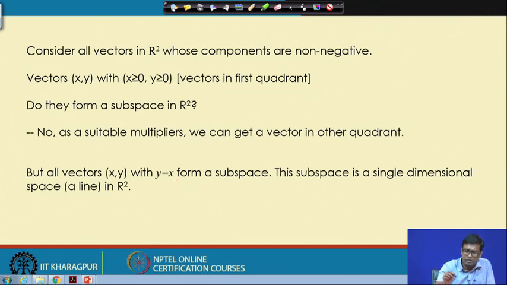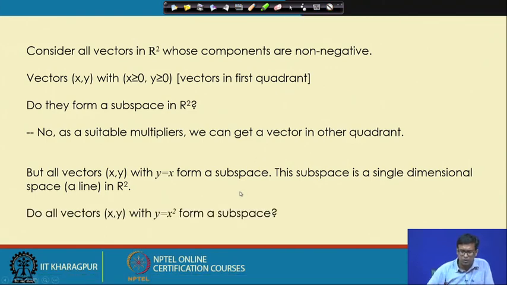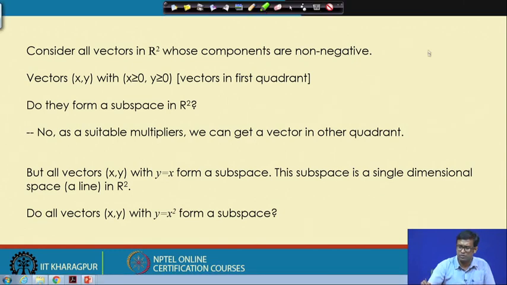Now, the third question: if I think of all vectors pointing to a parabola, all vectors with y equal to x squared, do they form a subspace? So, we can probably try to see. So, this is y equal to x square.